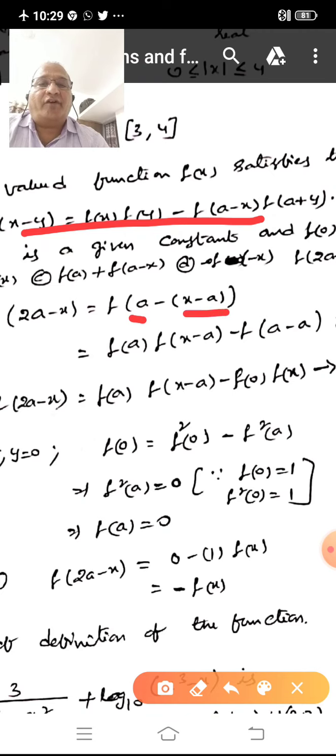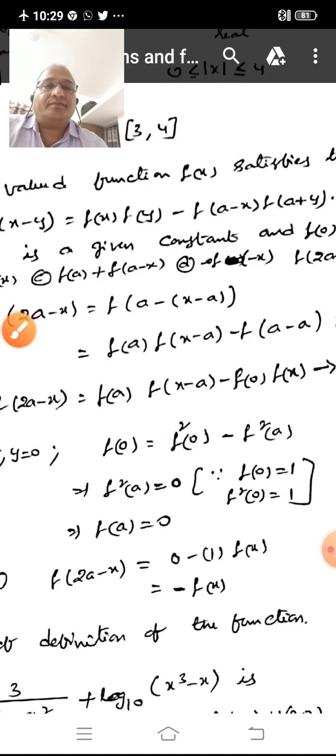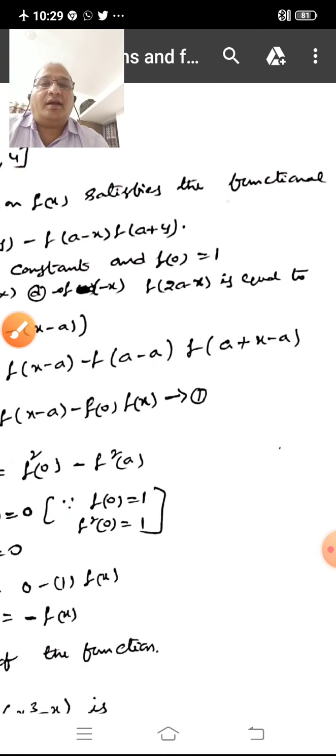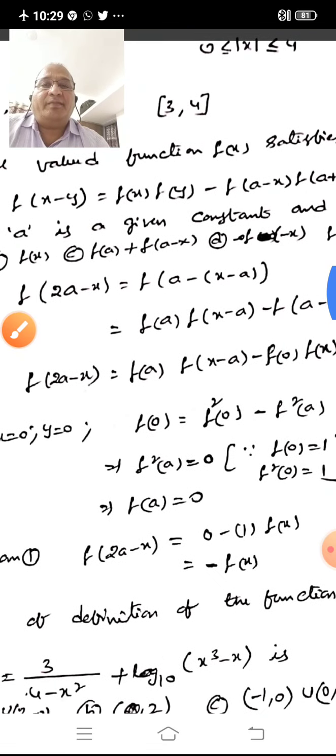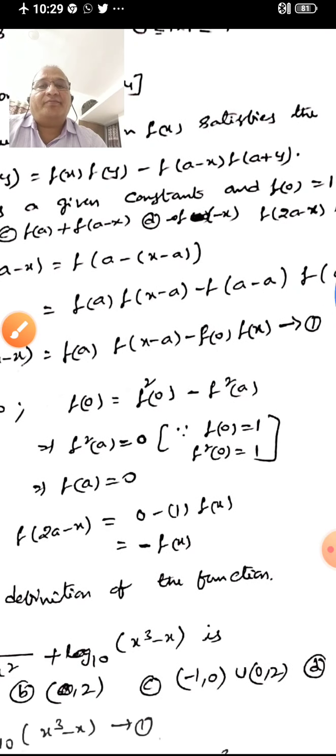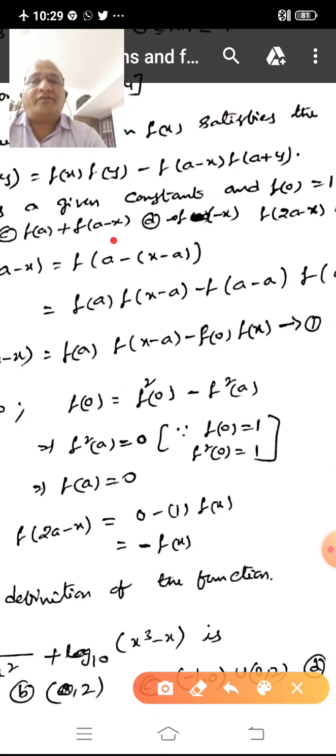Now f of x, f of y minus f of a minus x and f of a minus a plus y. So observe here, in place of x I took a, and in place of y I substituted x minus a.